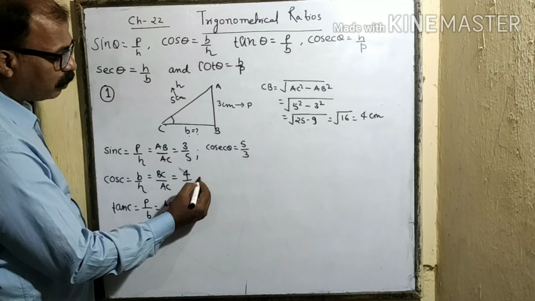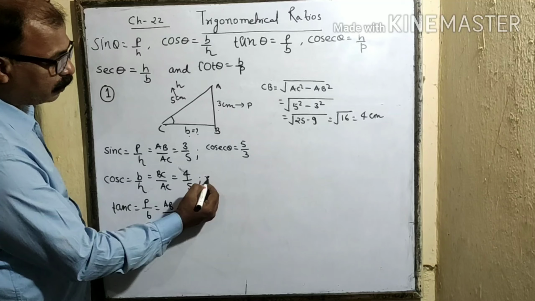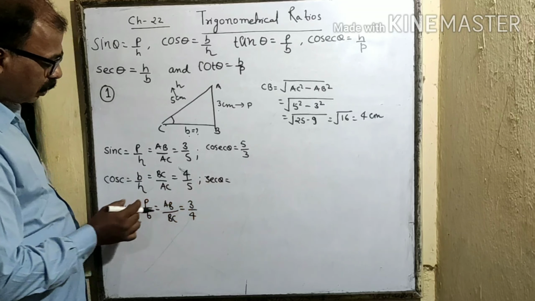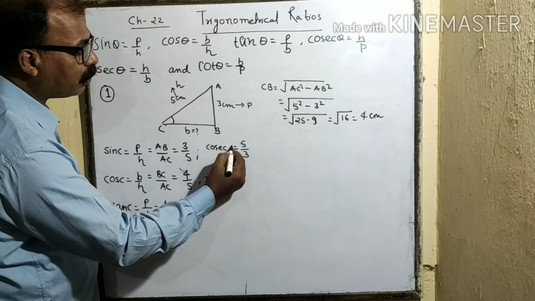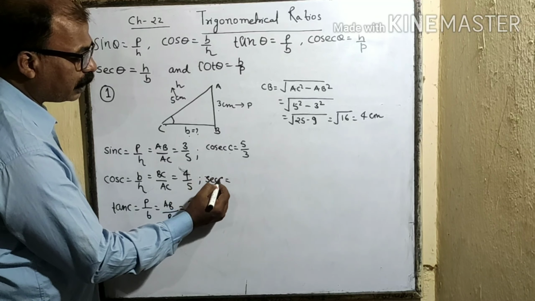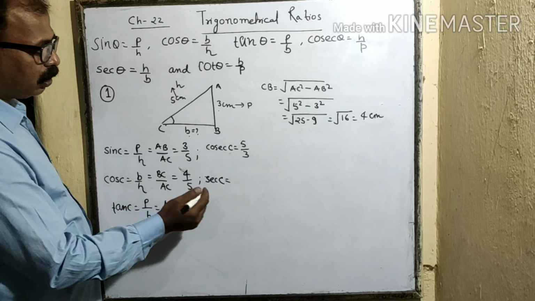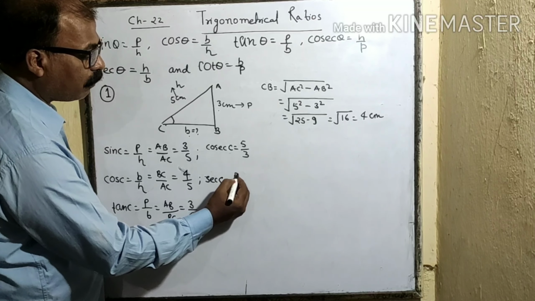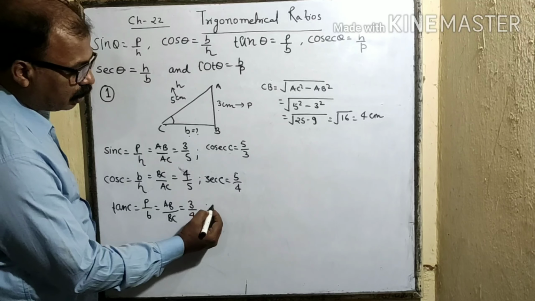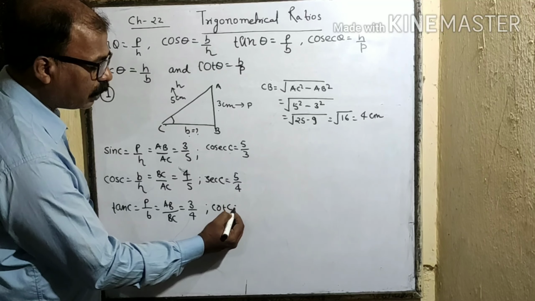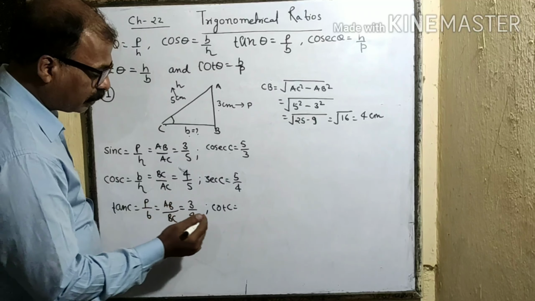Sec C is just the inverse of cos C, the reciprocal ratio, that is 5 by 4. And cot C will come out as B by P, that is 4 by 3.